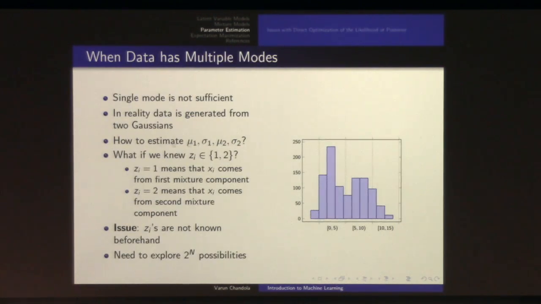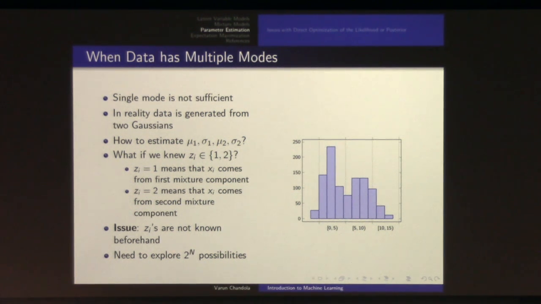I'm giving you some training data in one dimension, and the histogram looks like this, but this is just a bunch of points. And you want to find theta, which is mu1, sigma1, mu2, sigma2, and there's also a pi, which is the parameter for z. Now how do we do that?